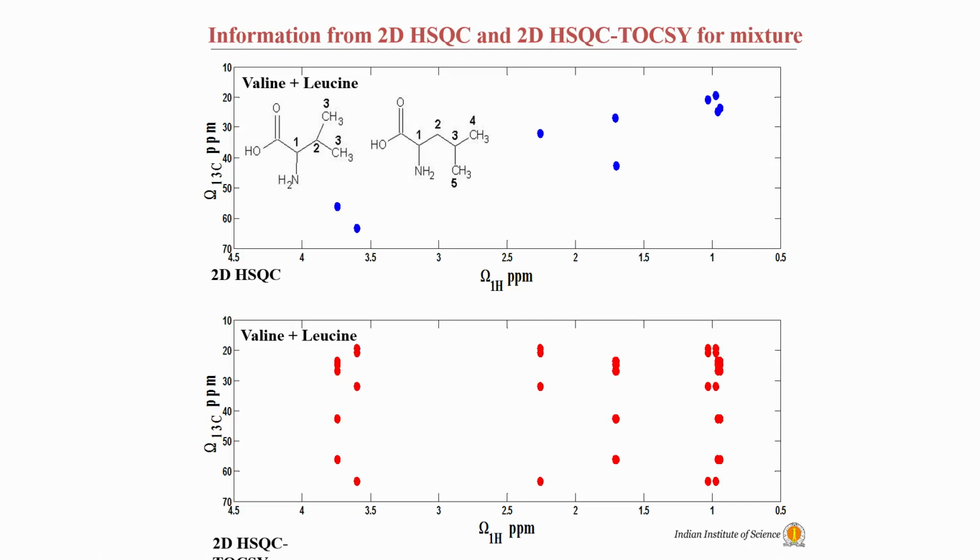So, as far as TOCSY is concerned, they are all similar to having 10 valines, 10 leucines, 10 alanines and so on. So, let us say a simple example here, we have a valine and a leucine mixed together. How will the spectra look in HSQC TOCSY and how do we identify the molecules? It is shown here. So, this is the HSQC of the mixture.